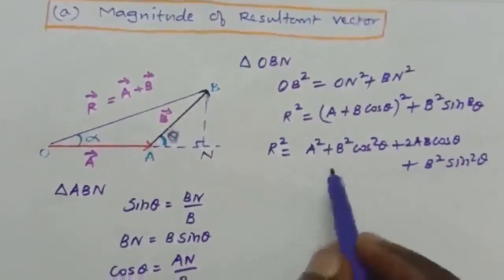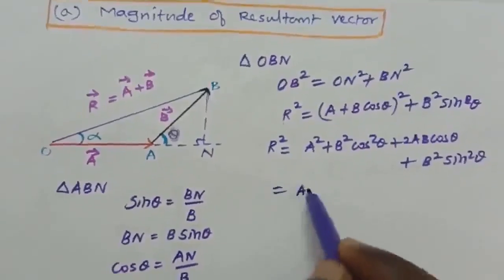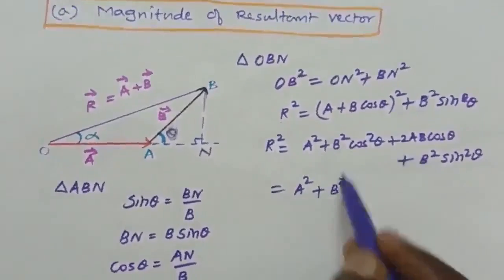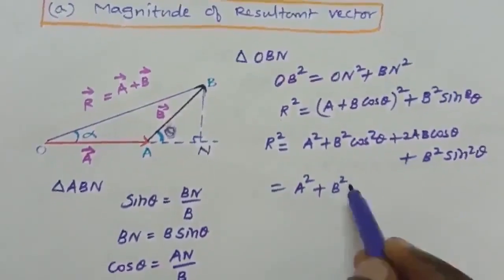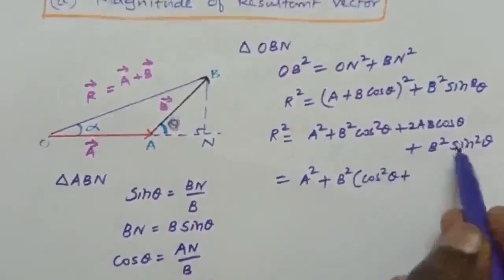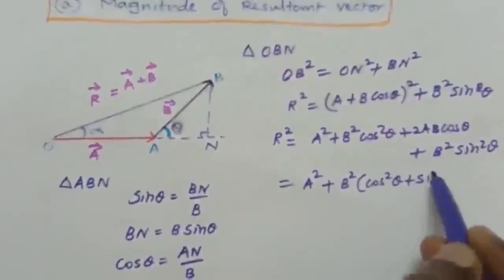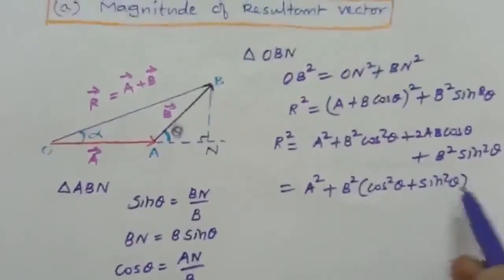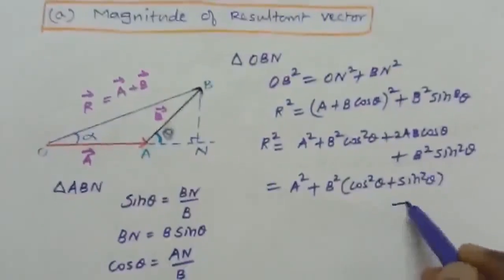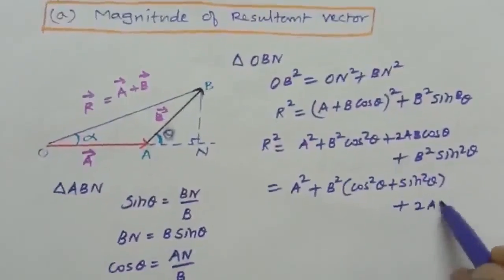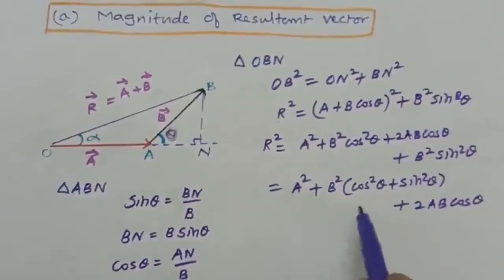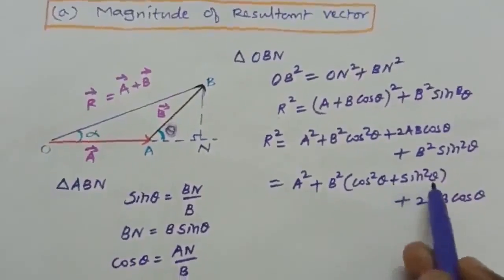Now A square plus B square. B square is common, write it outside the bracket: cos square theta plus sin square theta, and plus 2AB cos theta. Now tell me, what is the value of cos square theta plus sin square theta?